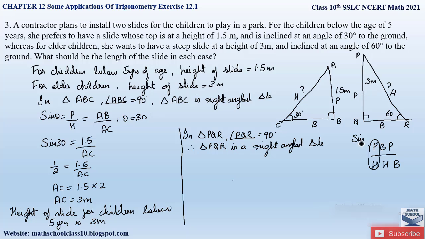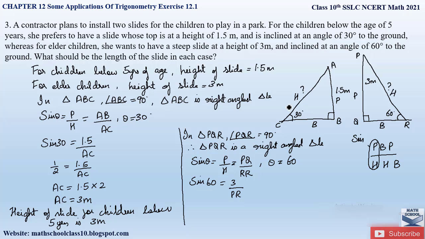So again we will apply the same trigonometric ratio, that is sine, which is given by perpendicular by hypotenuse. So sine theta is equal to perpendicular by hypotenuse, where perpendicular is PQ and hypotenuse is PR, and theta value now is 60 degrees. Okay, so sine 60 is equal to PQ, which is 3 meters, divided by PR, our hypotenuse.